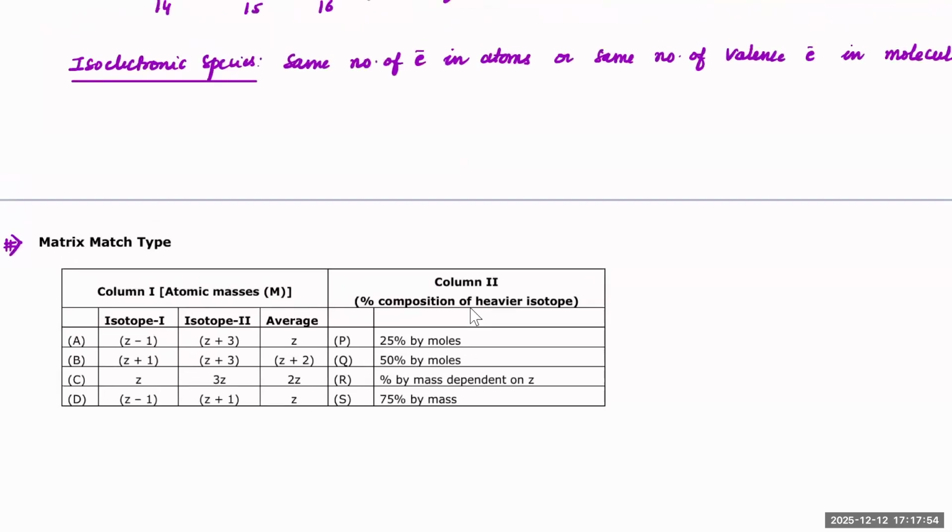For instance, if you take carbon 4 minus, nitrogen 3 minus, oxygen 2 minus, fluorine minus, neon, and then sodium plus, magnesium 2 plus, and aluminium 3 plus.